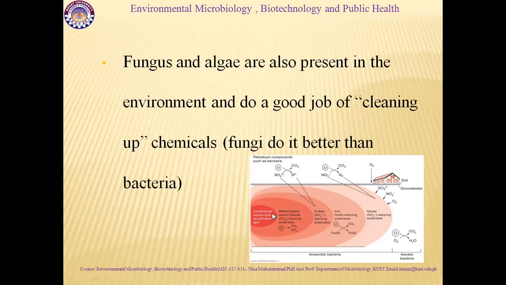If this is the contaminant source, such as petroleum spills, methanogenic bacteria first decompose it, then sulfate reducing bacteria decompose it, and iron reducing bacteria decompose it further, then nitrate reducing anaerobes decompose it, and gradually it converts into a non-toxic form.